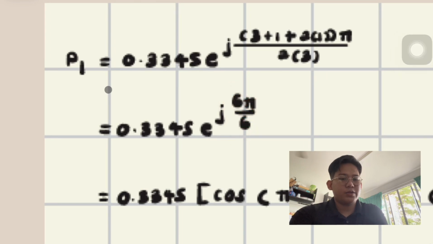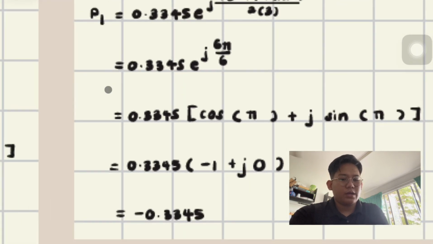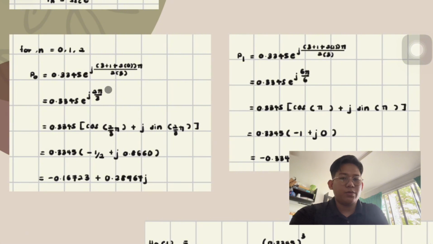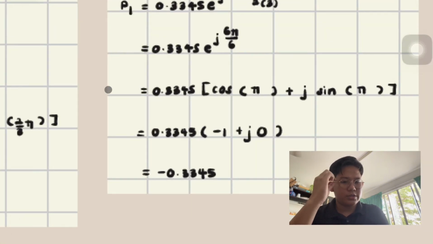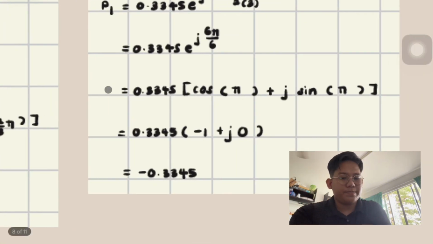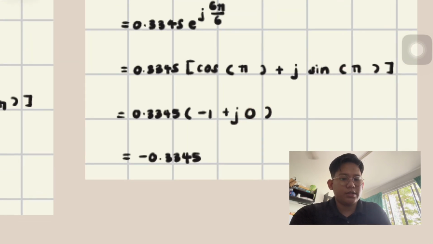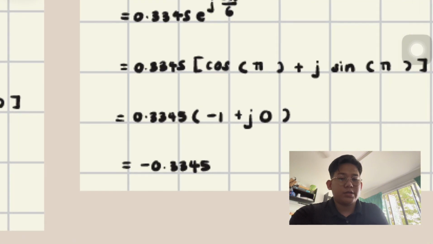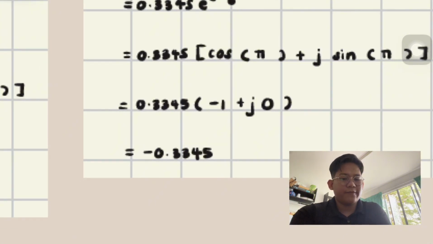We can simplify to only pi and do the same as the P0. Cos pi, we got negative 1, and sine pi, we got 0. So for this pole, we only need to multiply with negative 1. So we got negative 0.3345.